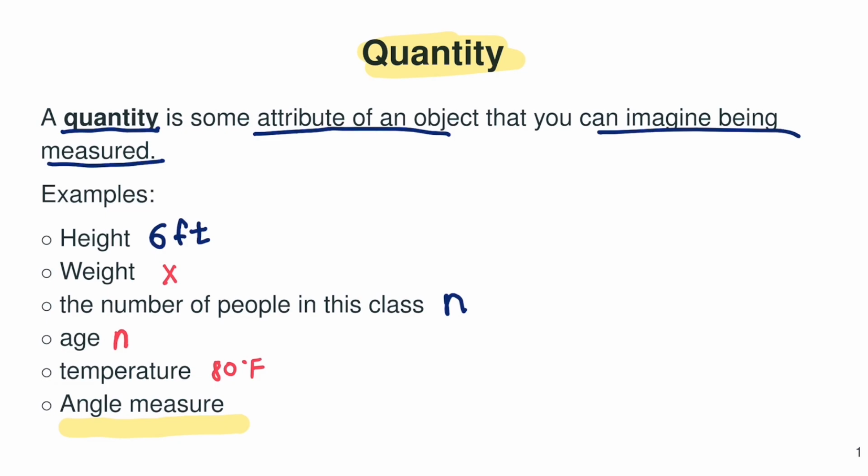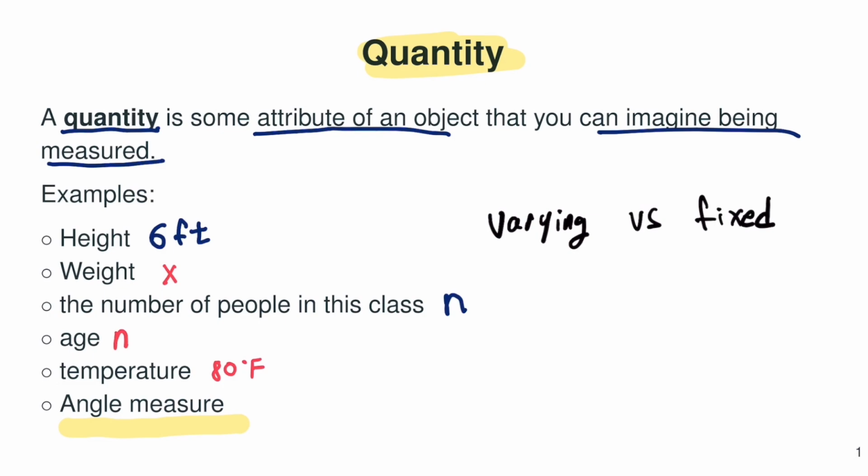When we talk about quantity, there are two types: varying quantity versus fixed quantity. Varying quantity means it could change depending on the context of the problem or on what quantity we're looking at.